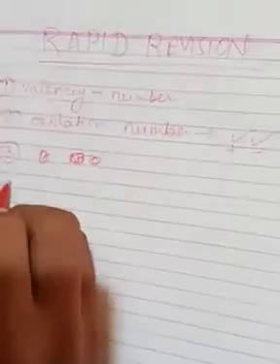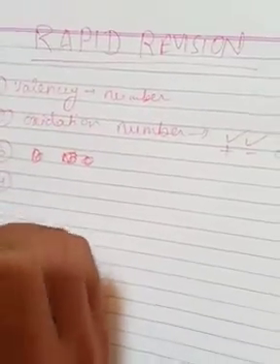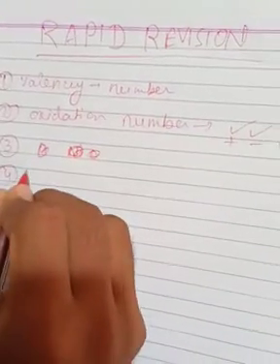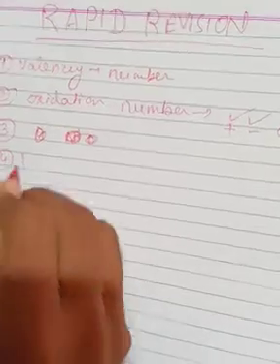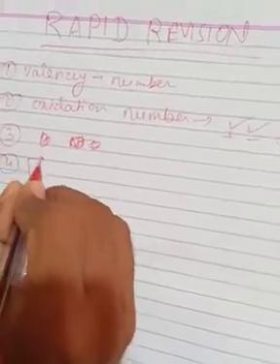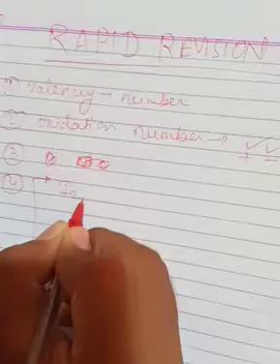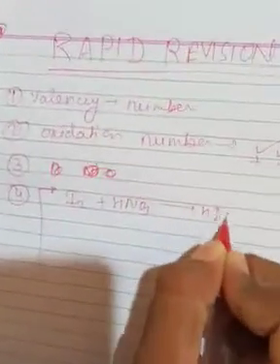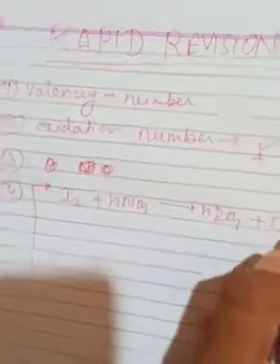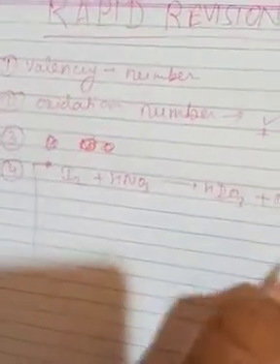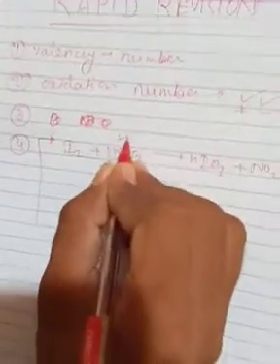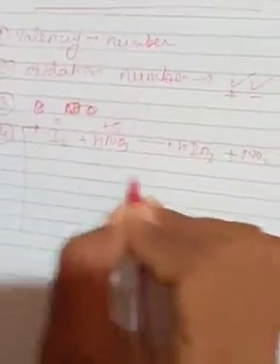The fourth point: some reactions which we have to learn, which are important in the redox reaction chapter. The first reaction is I2 plus HNO3 gives HIO3 plus NO2 plus water. Here nitrogen is in +5 oxidation state and I2 is in 0 oxidation state.